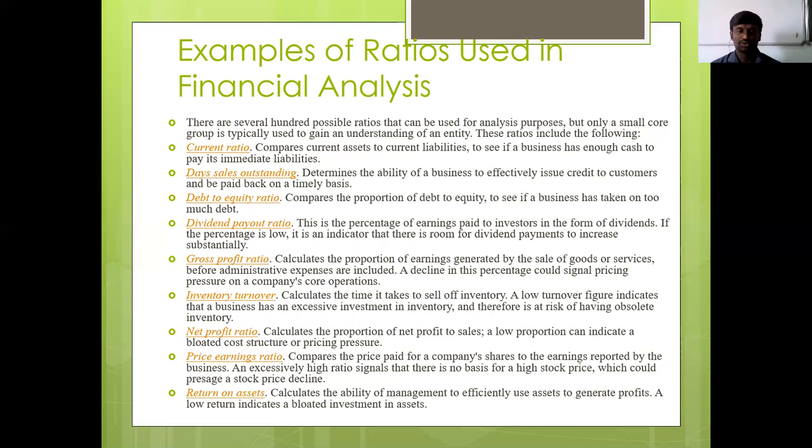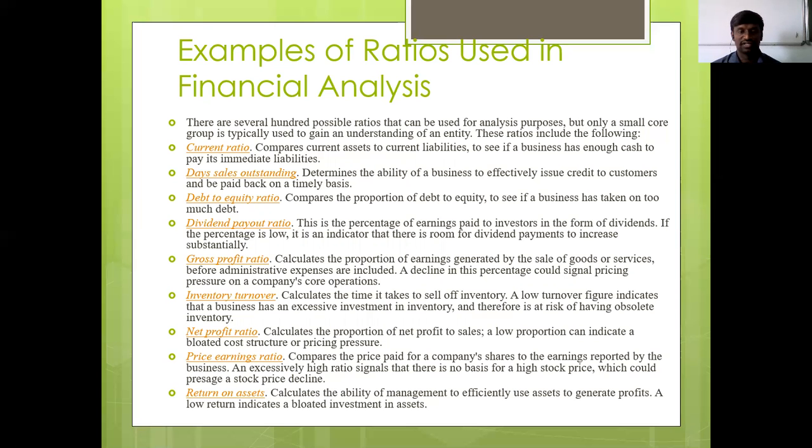The gross profit ratio calculates the proportion of earnings generated by the sale of goods or services before administrative expenses are included. A decline in this percentage could signal pricing pressure on a company's core operations. Next, inventory turnover calculates the time it takes to sell off inventory.